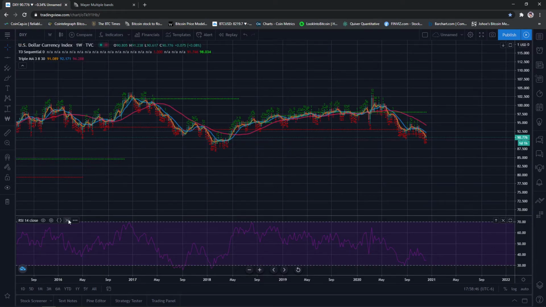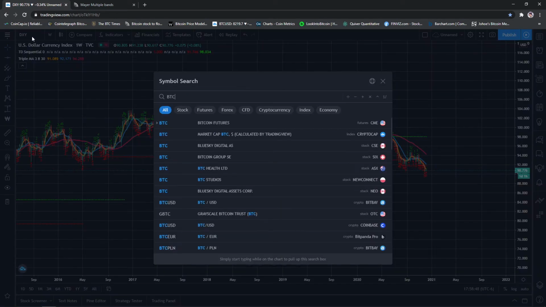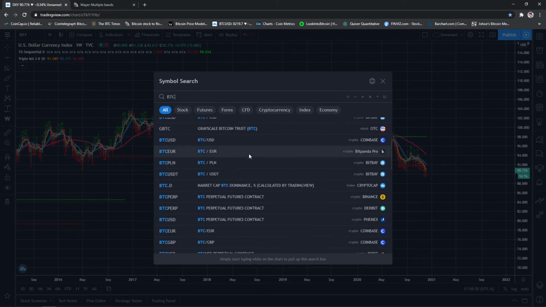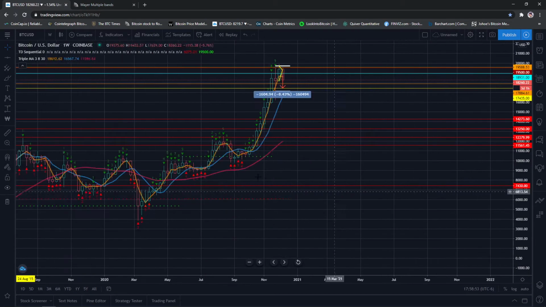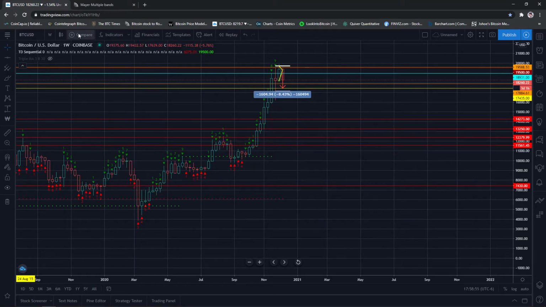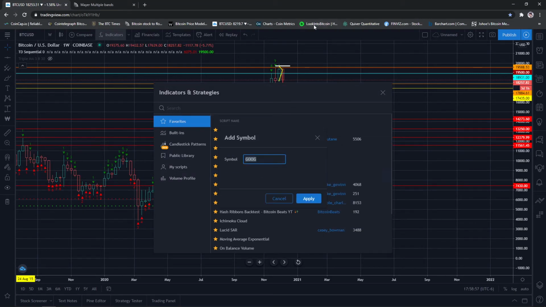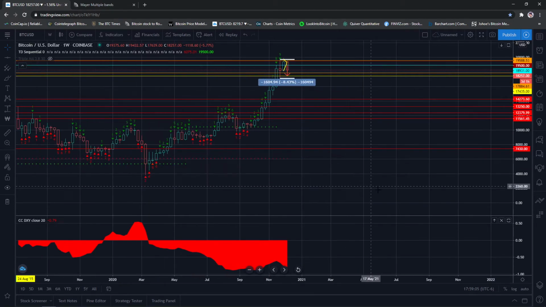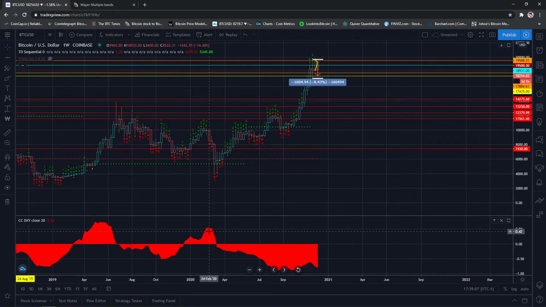We can also, I said it kind of coincides with the dollar. There's a coefficient. Let's see if I have it. I know I have it. I just got to pull it up. Yeah, correlation coefficient. And then I want to correlate it to the dollar. Apply that. All right. So the way this works is if you're above, let's say if you're above 70, there's high correlation. So during this time frame, in 2019, the dollar was rising as Bitcoin was rising.